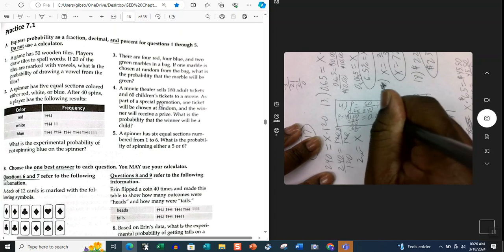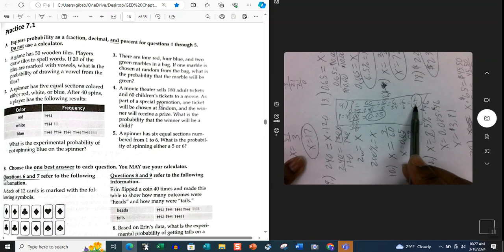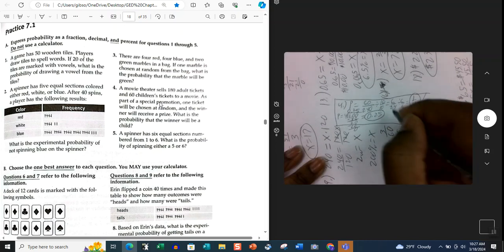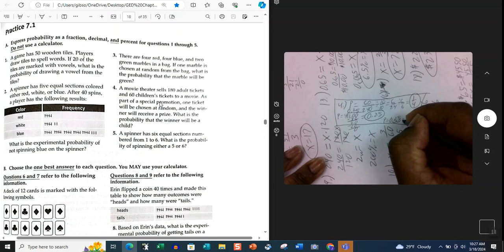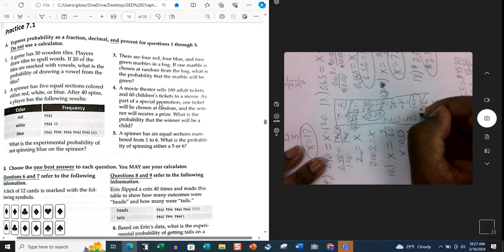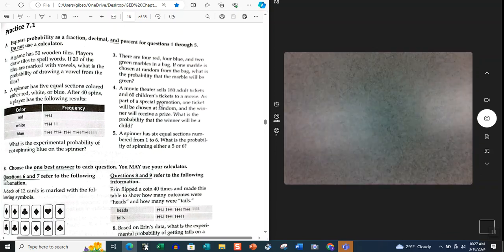So our decimal would be 0.25. Now that took care of our fraction and our decimal. Now we want to change this to a percent. So we have P is equal to 0.25, move that decimal 2 places to the right, and it will give us 25%. And that is it for problem number 4.